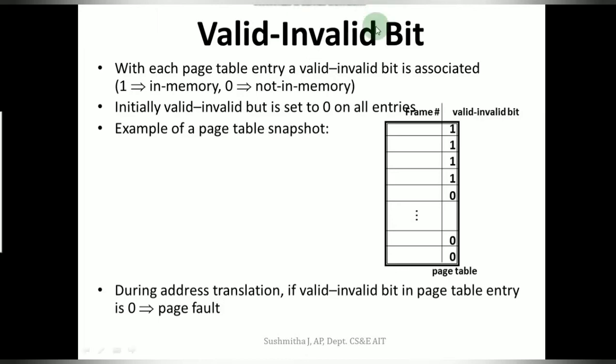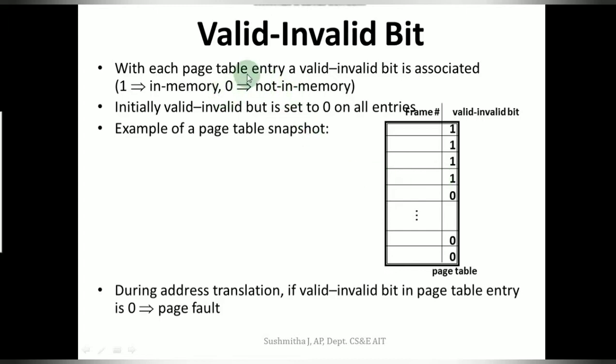Now what happens? In the paging mechanism, we maintained a page table. In the page table, we had the frame numbers, and along with the frame numbers, we had the protection bit of valid and invalid. So this scheme is going to distinguish whether the page is on the disk or it is in the main memory.